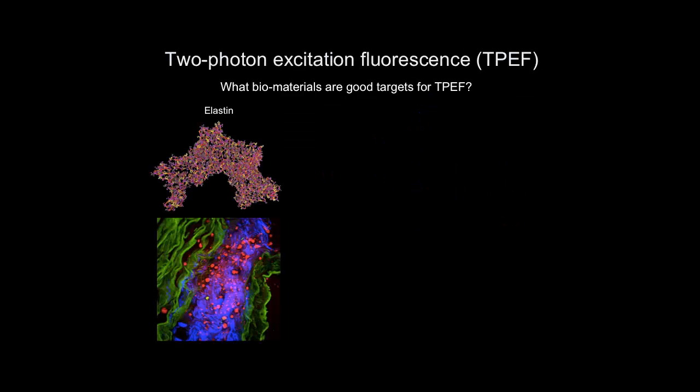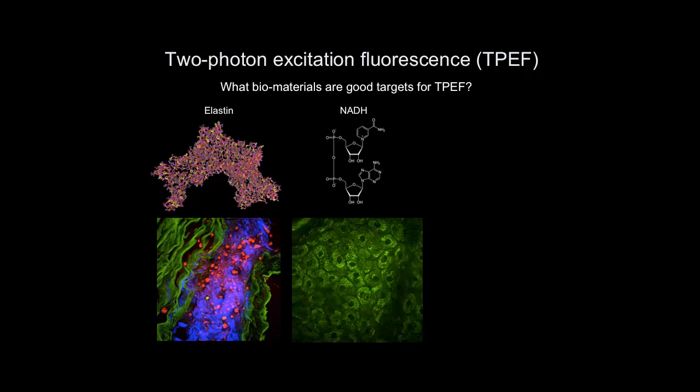That really gets me to the next slide, where I wanted to show you what biomaterials are good targets for two-photon excited fluorescence, and these are more commonly the endogenous fluorophores in the tissue. One of them is elastin, another protein in the connective tissue. That's an image that shows these elastin fibers in green.